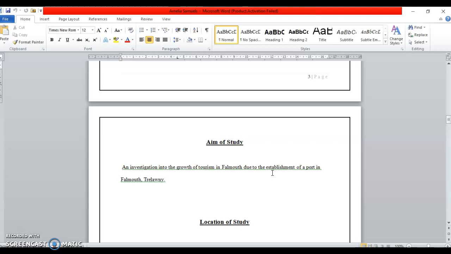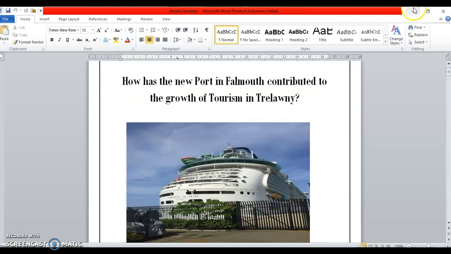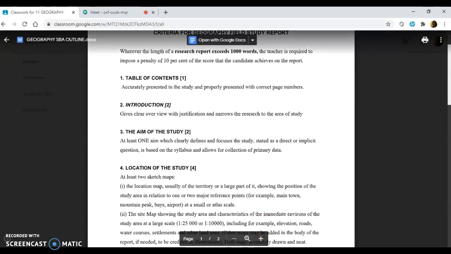So it is not just tourism they're looking at. They are looking at the growth of tourism in Falmouth and how residents in Falmouth basically benefit from its establishment. So that is narrowly the tourism topic.